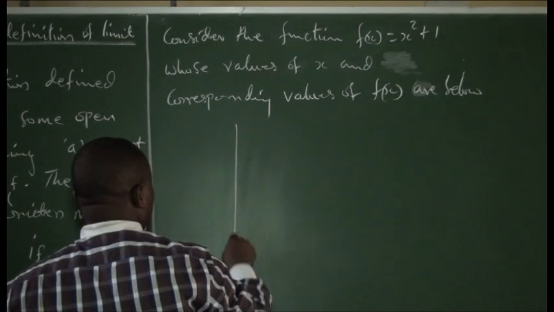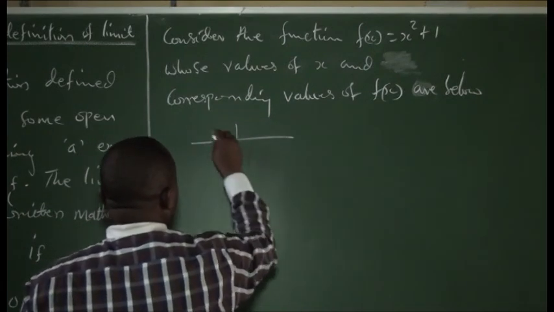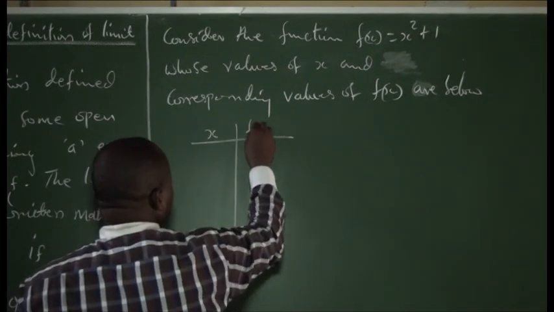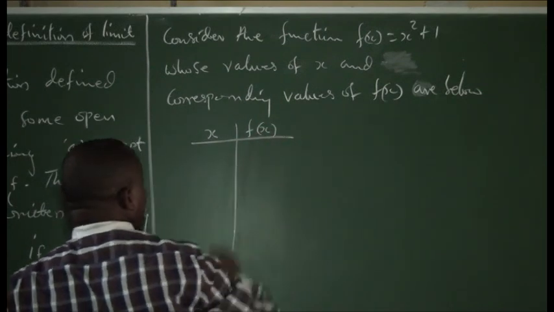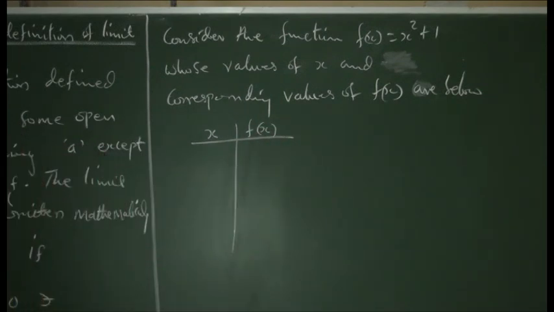So this is the table that we had before for x, and then we also have for f of x.